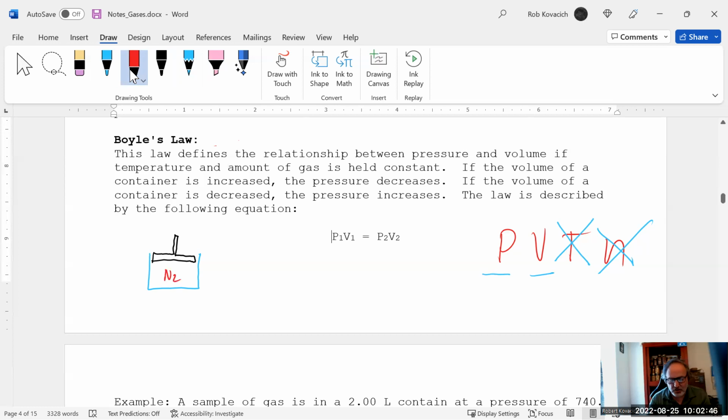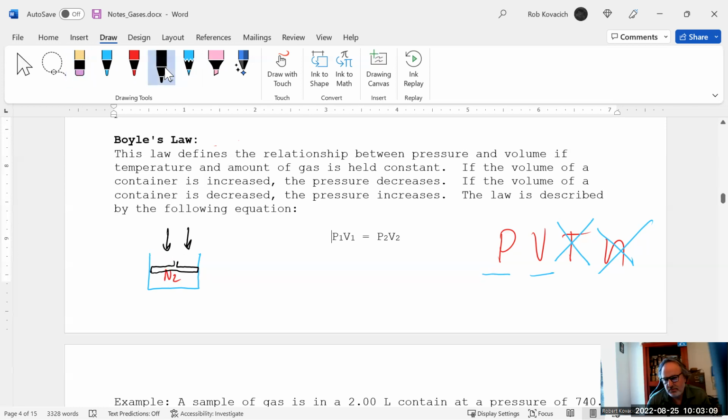Okay, and the nitrogen gas is reading a particular pressure. And if you push down on this solenoid, then the solenoid's going to be more like that. And the nitrogen has now been compressed. It's in a smaller volume.